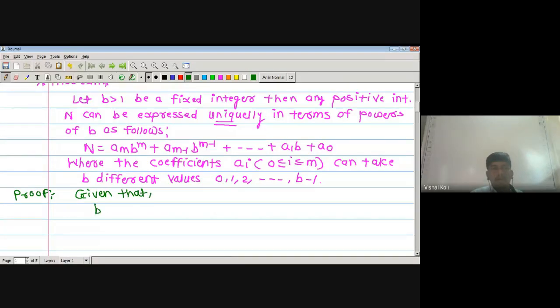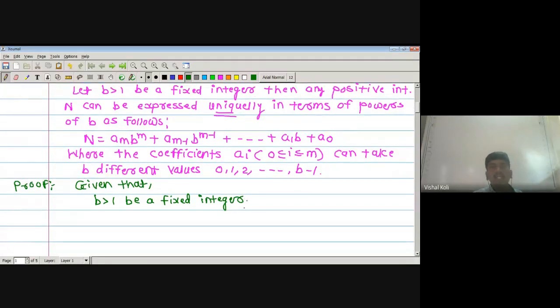Given that b greater than 1 be a fixed integer, so it must be a positive integer, but it is a fixed integer, and n be any arbitrary positive integer. Therefore n is any positive integer.